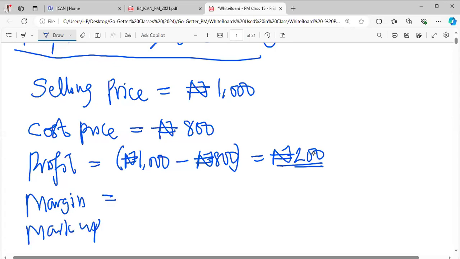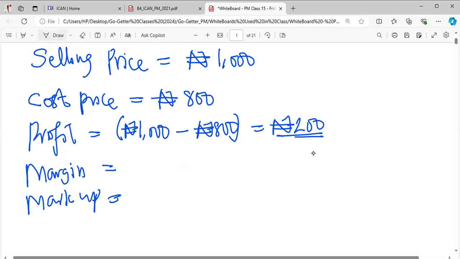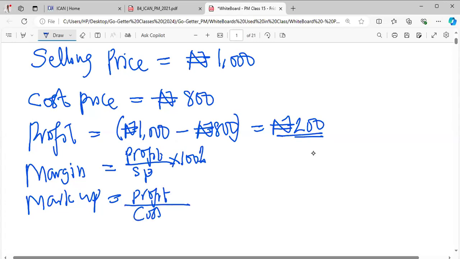So now, margin is simply a percentage of sales. Margin is simply profit over selling price times 100%, while markup is profit over cost price times 100%.